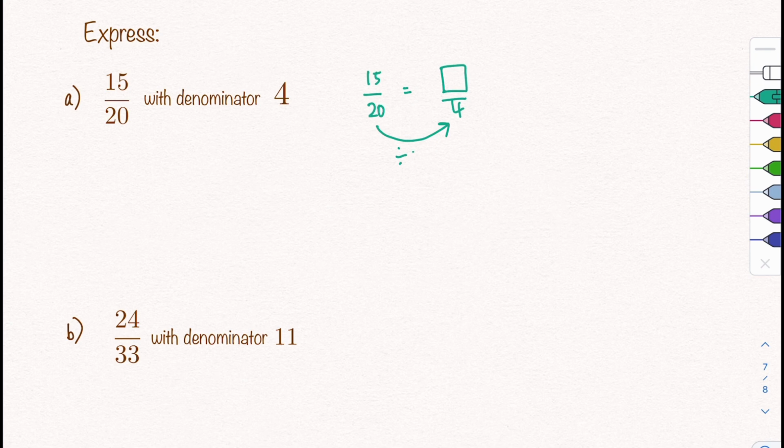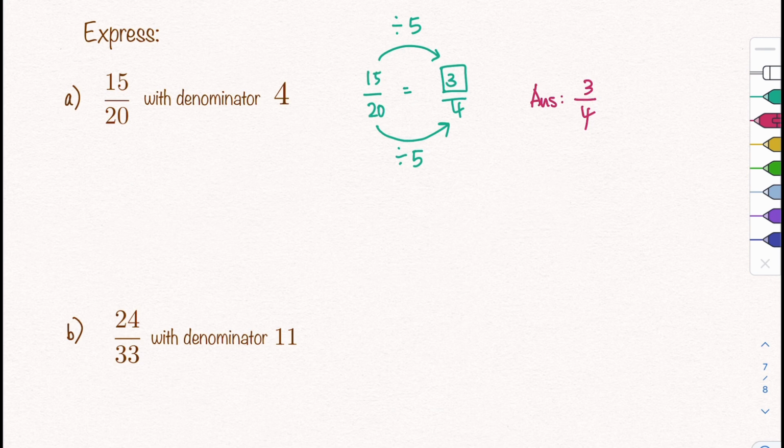The answer is 5, and it means that for the numerator, we also have to divide by 5. So 15 divided by 5 equals 3. And so going back to the question where it wanted us to express 15 over 20 with a denominator of 4, the answer is 3 over 4.